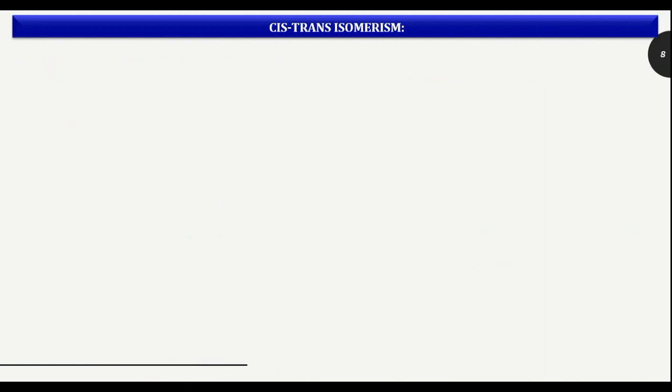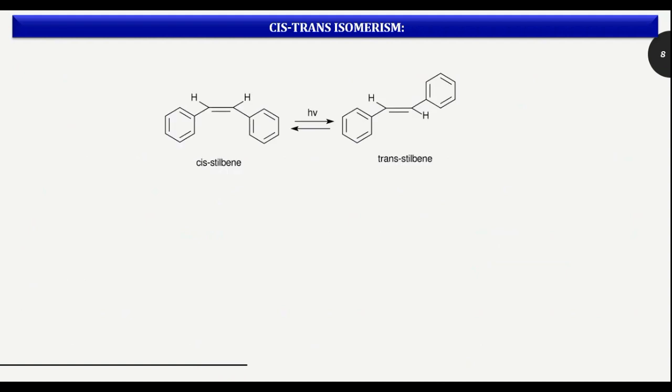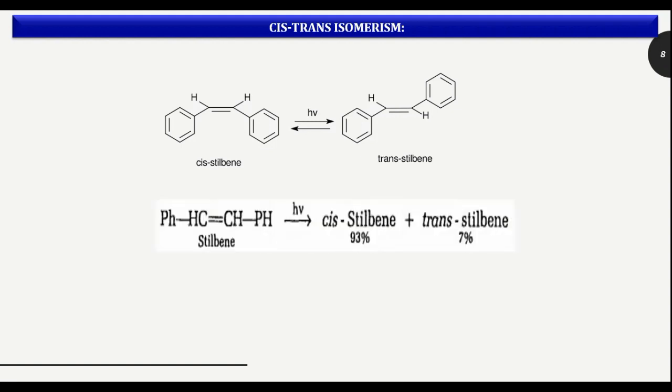For example, I am taking stilbene. You see cis stilbene under photochemical condition, when you irradiate with light, is converting into trans stilbene. So you see the example. Cis stilbene or trans stilbene, this is the simple stilbene molecule. After irradiation, you see cis stilbene is present in 93%, trans stilbene is present in 7%.